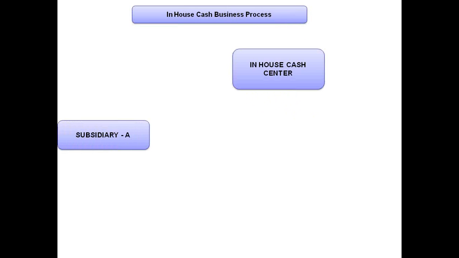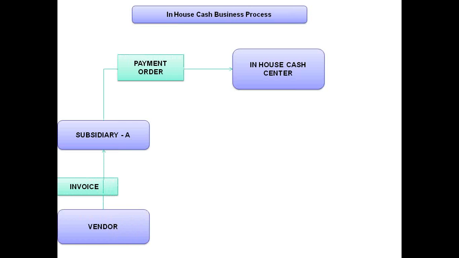Let me start. I told you that the in-house cash center we need to maintain at the headquarters level. This is also called an in-house bank, and it is created as a virtual bank. What is a virtual bank? I'll come to that. I have so many subsidiaries, and in subsidiary A, a vendor has an invoice.